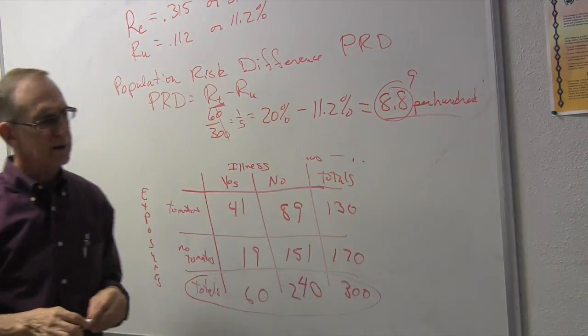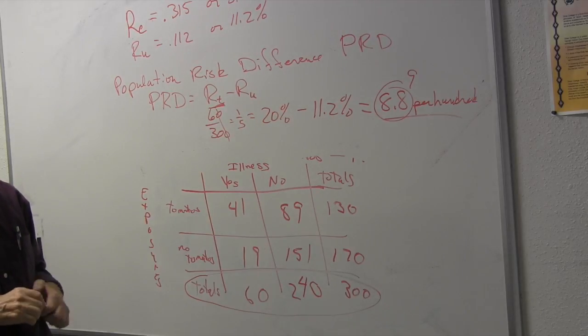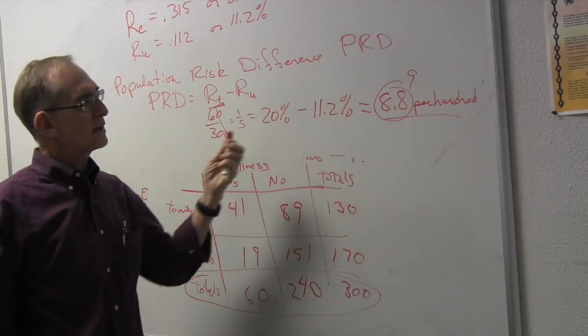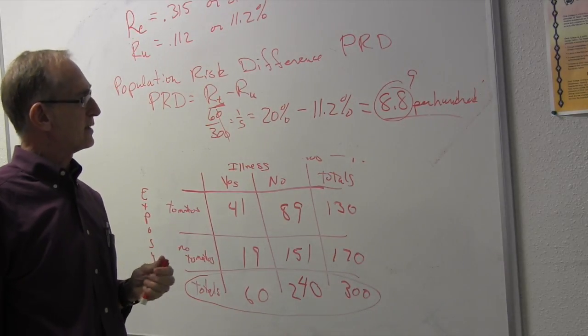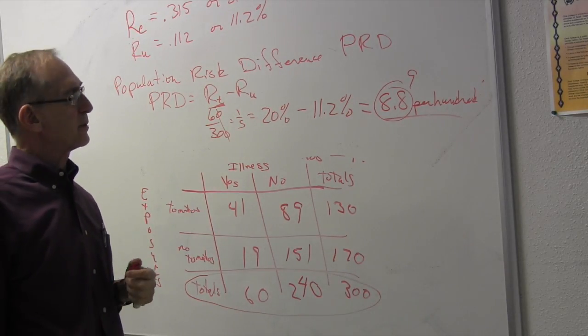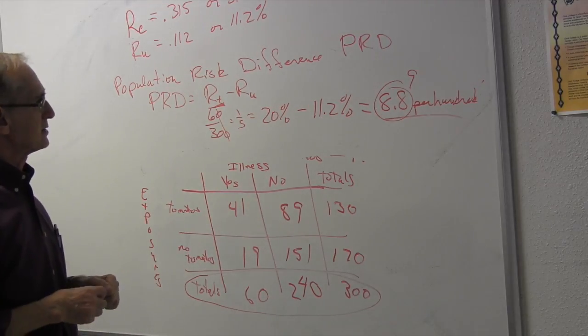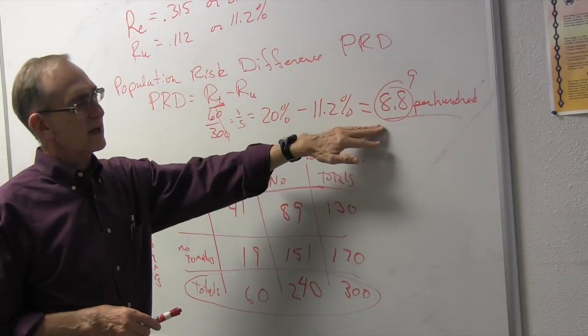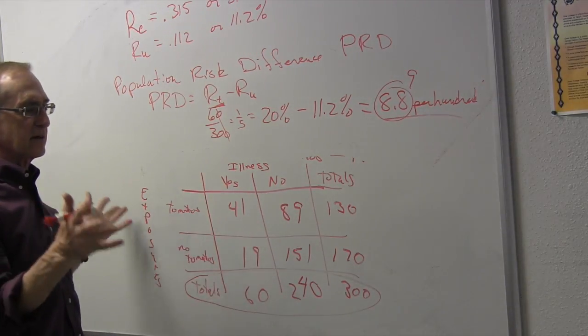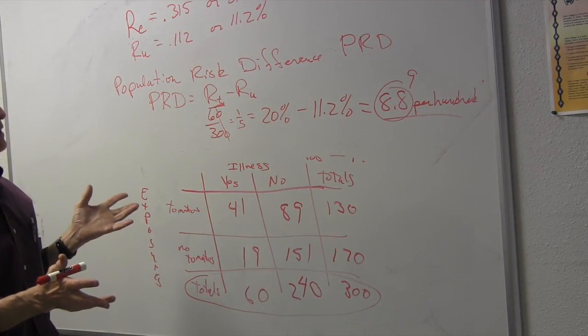Usually it's easier to talk in terms of whole numbers of cases. So 9 cases per 100 people of salmonella could have been prevented if those people could have been warned not to eat the tomatoes. This is a lower number of cases per 100 because we're talking about the entire population.